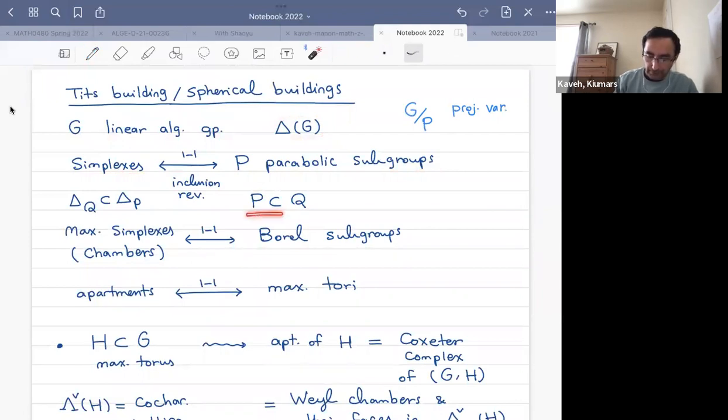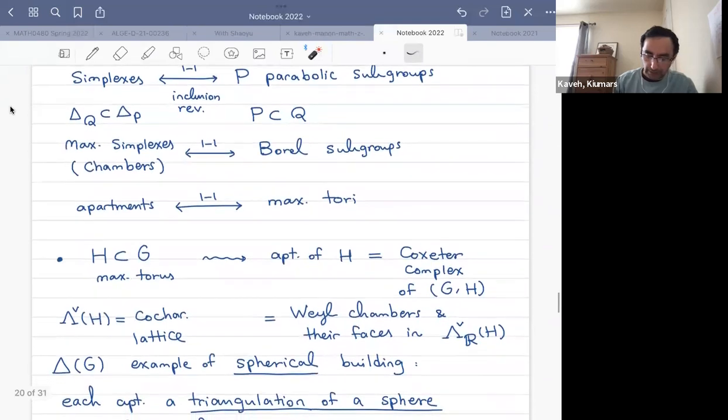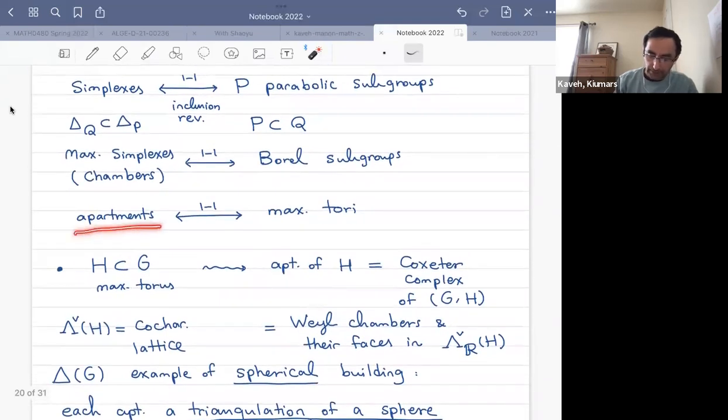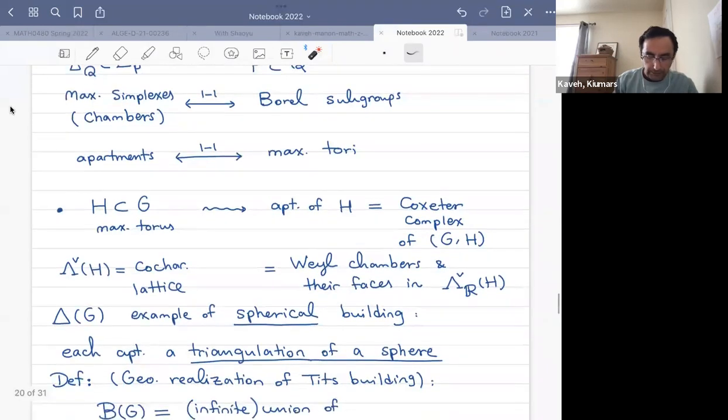And if you have an inclusion of two parabolic subgroups, the inclusion of the simplices goes in the opposite direction. Each apartment corresponds to a maximal torus. I denote maximal tori by H because I'm reserving T for the torus in the toric variety.